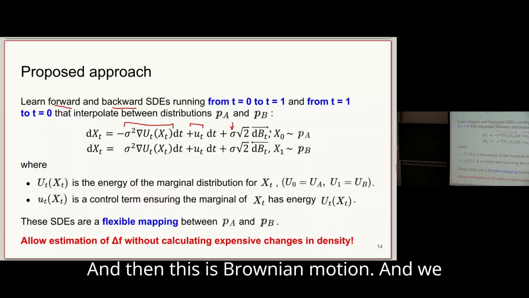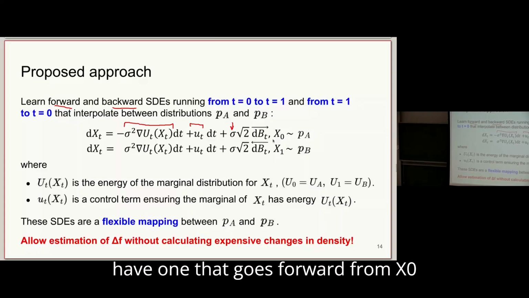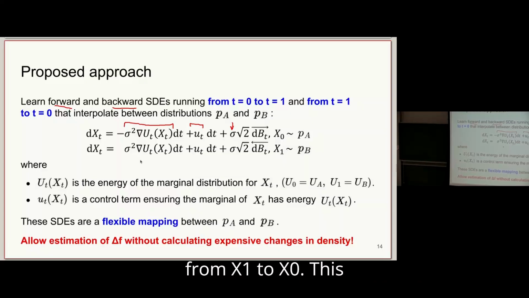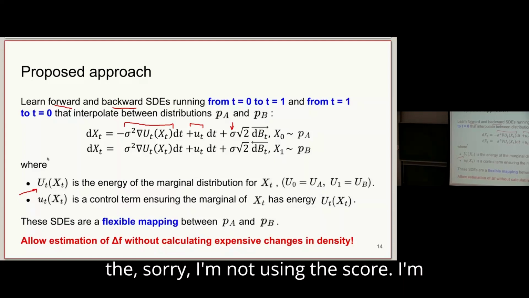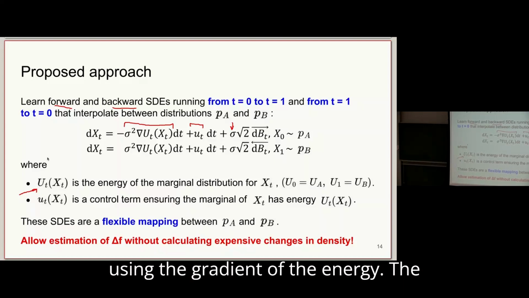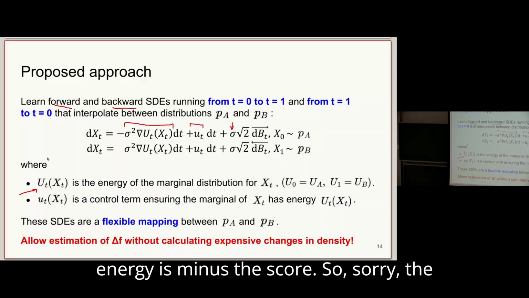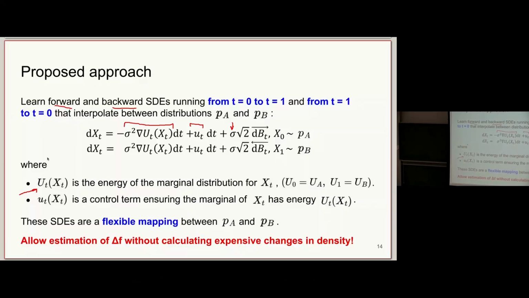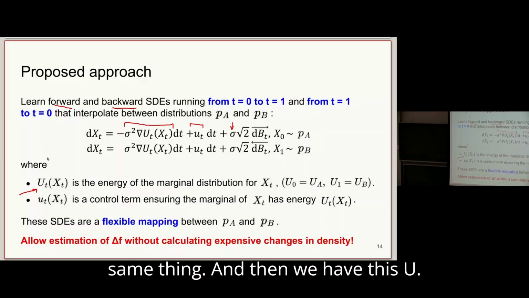And then this is Brownian motion, and we have one that goes forward from x0 to x1, another one that goes backwards from x1 to x0. Okay? This U is the energy. Sorry, I'm not using the score, I'm using the gradient of the energy. The energy is minus the score. So the gradient of the energy is the same as minus the score. So I just rewrote the equations a little bit, but it's the same thing.